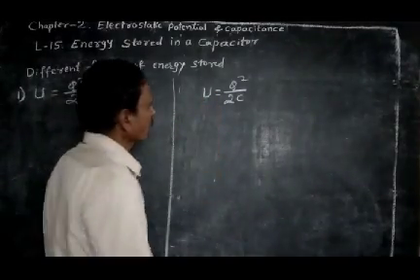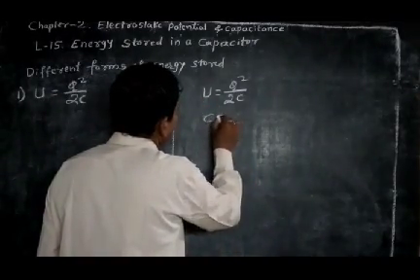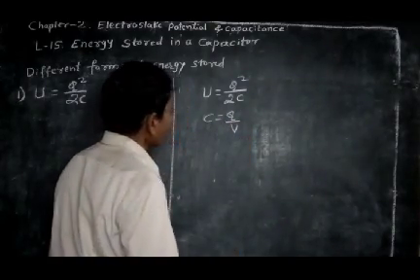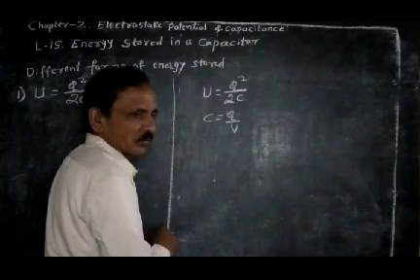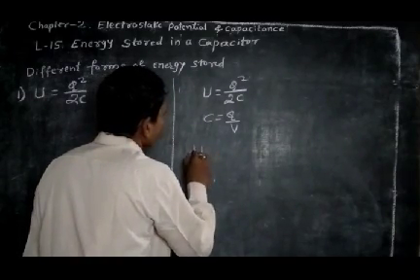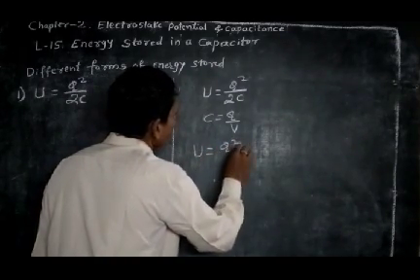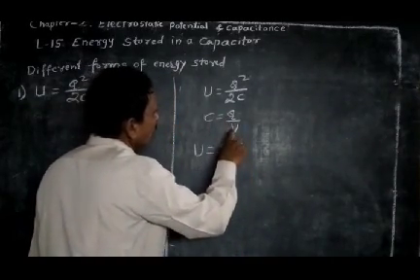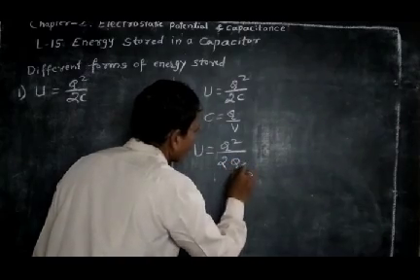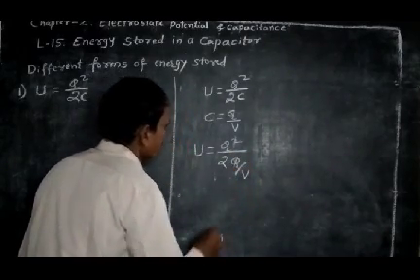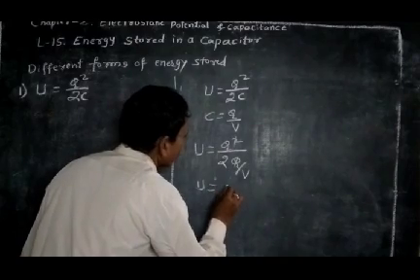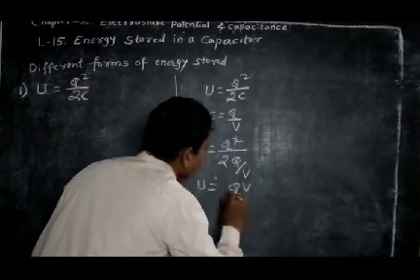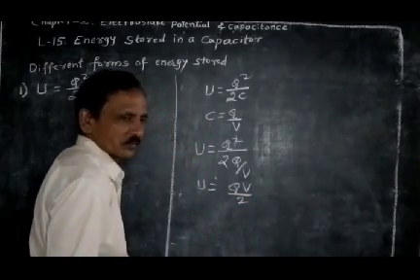And also we know that C equal to Q upon V. Substitute the value of C in this equation, we get U equal to Q square upon 2, where C equal to Q by V. Q gets cancelled, remaining U equal to Q into V upon 2, or half QV.